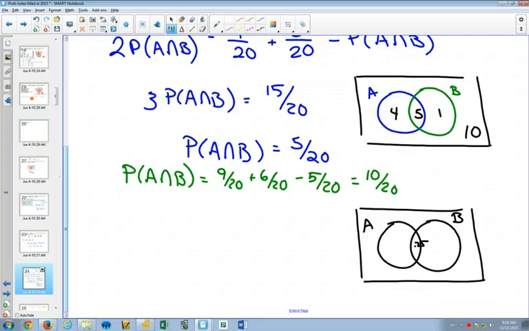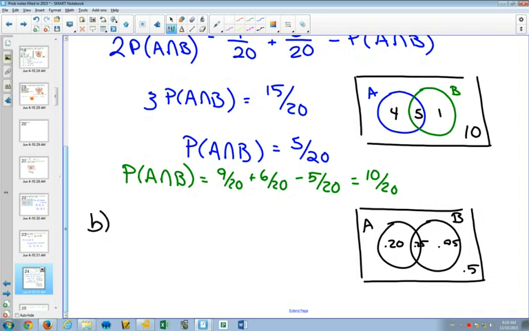We know that 9 out of 20 is 45%, so that would make this 20% here. We know that 6 out of 20 is 30%, which would leave us with 0.05 there. And that adds up to 50%, leaving 0.5 or 50% there. So you could also do this Venn diagram with percentages. It somehow seems nicer with the whole numbers, but everything works out to be the same.